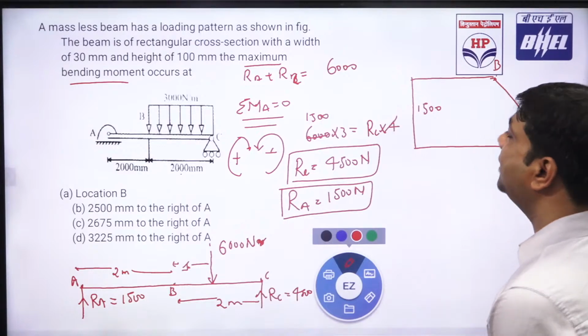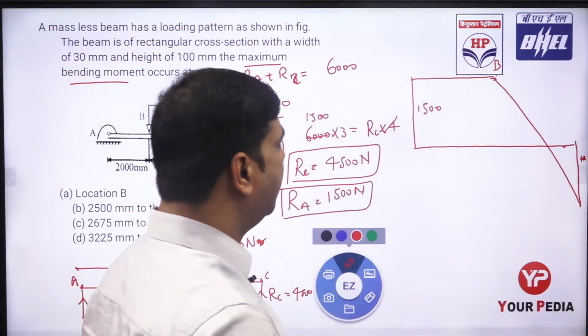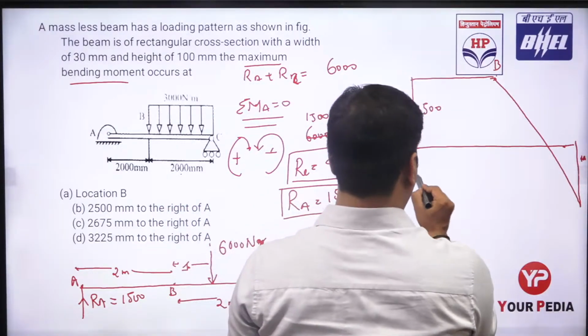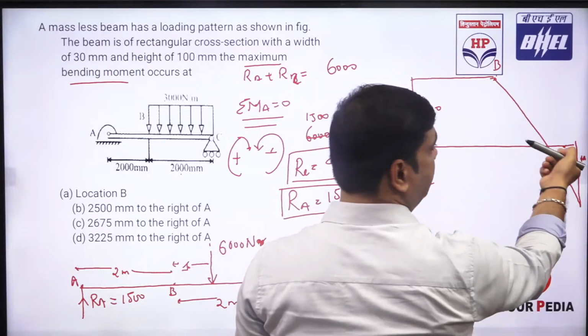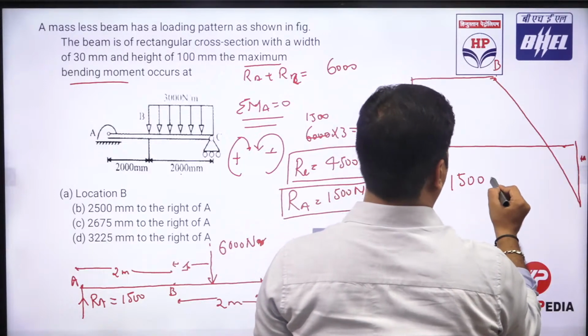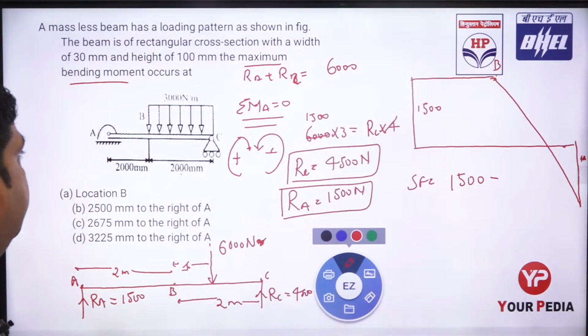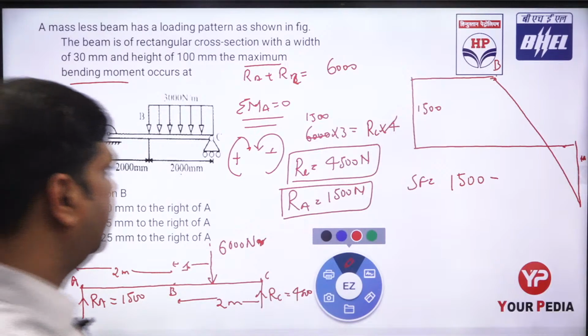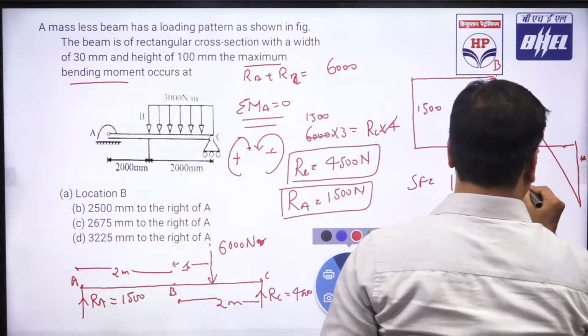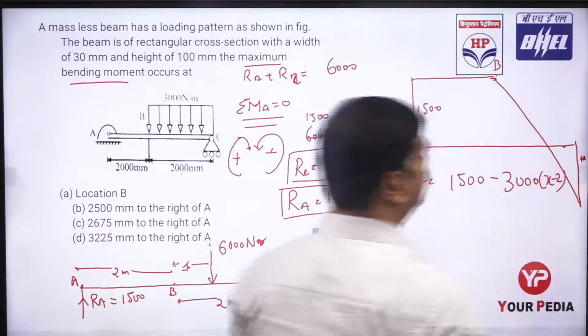Okay, so if I find the value of the shear force, the shear force equation looks like 1500 minus 3000 into x minus 2 meter.